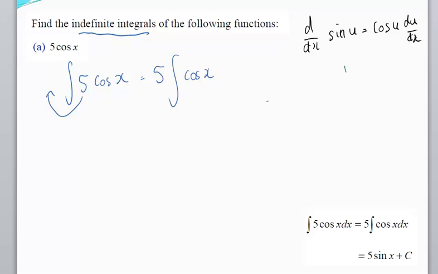Here our u is just equal to x, so du on dx is equal to 1. So we already have our cosine of u du on dx with u equal to x. From this we follow through. It's going to be 5 going backwards, multiplied by sine of u, which is x here, plus our constant c.